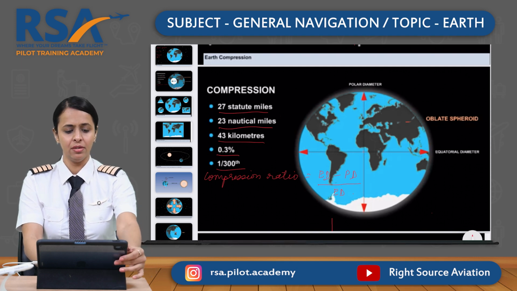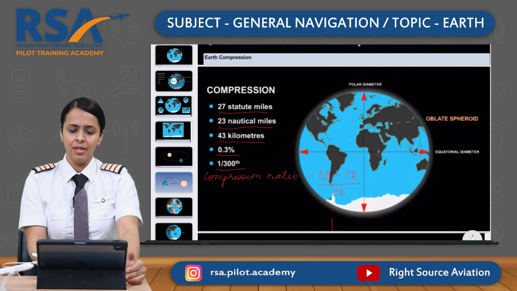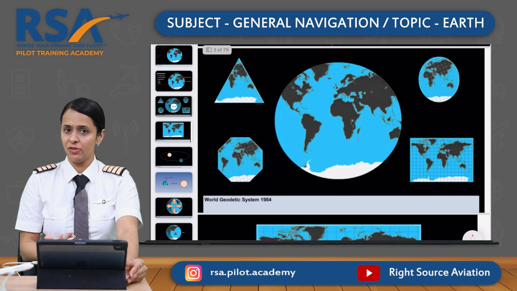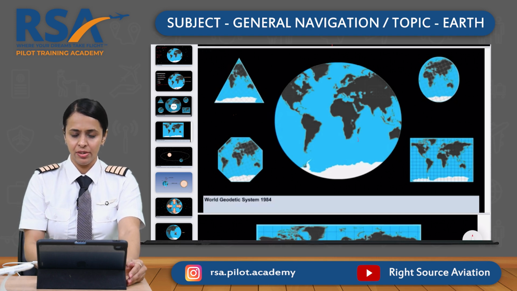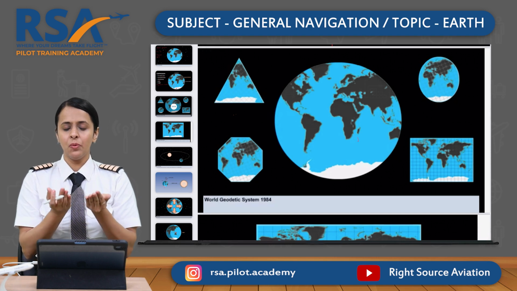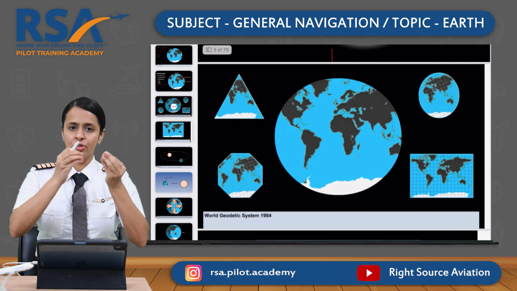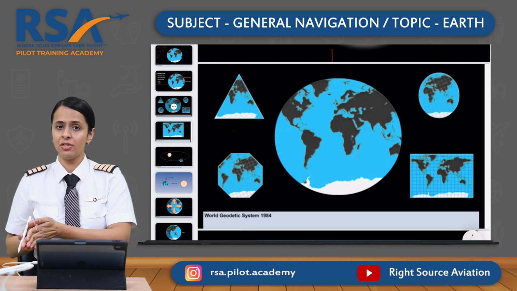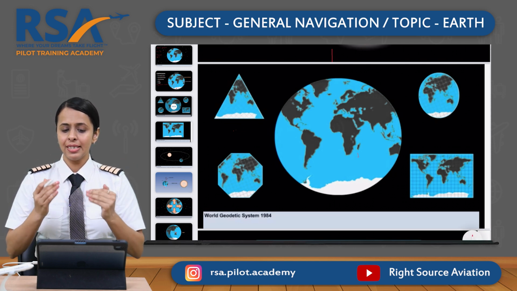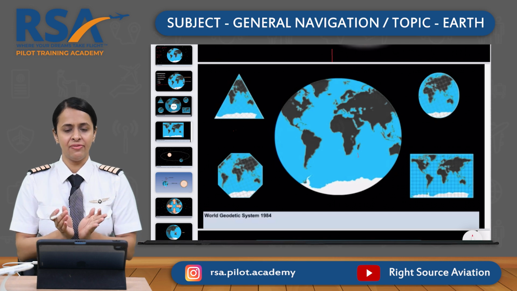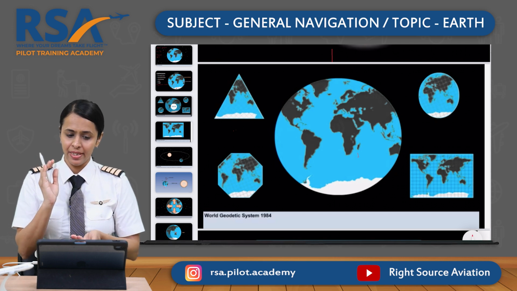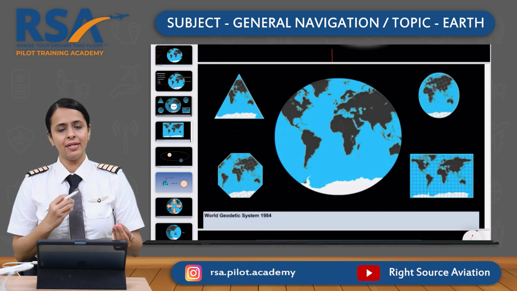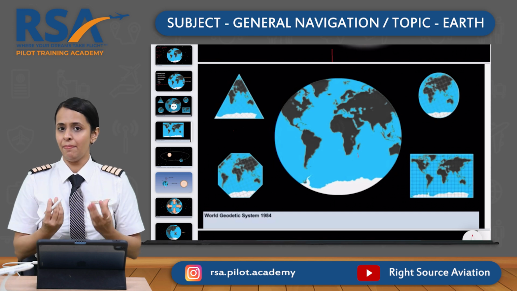Let's move on. After compression, let's look at mapping of the Earth. Now this is your Earth, which is obviously a sphere, but we will have to map or project this entire Earth onto a piece of paper. Since this Earth is not a complete sphere and it is a little bit compressed, there are different methods by which you can map the Earth.